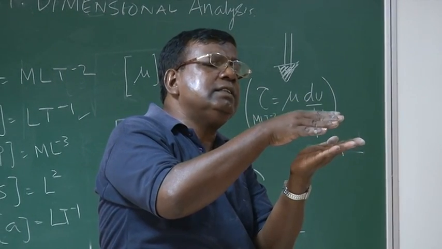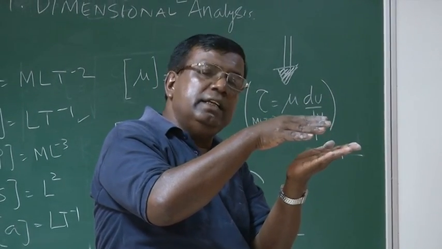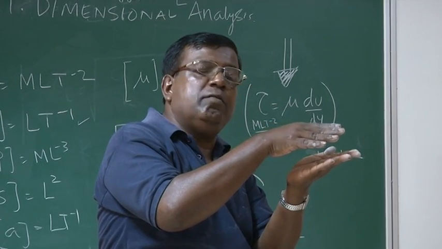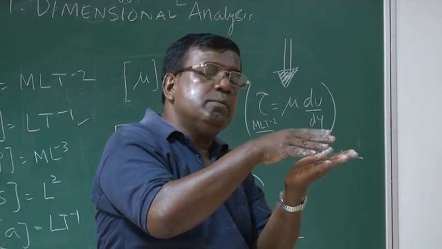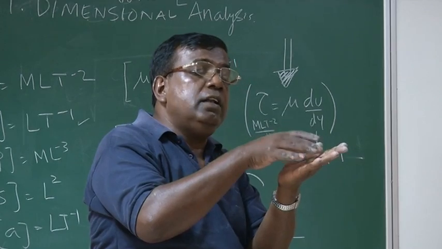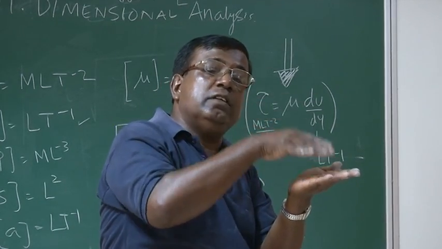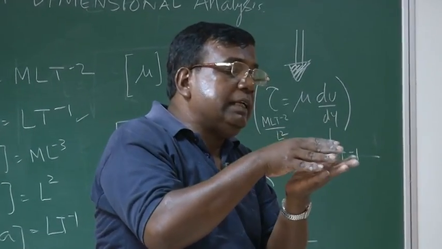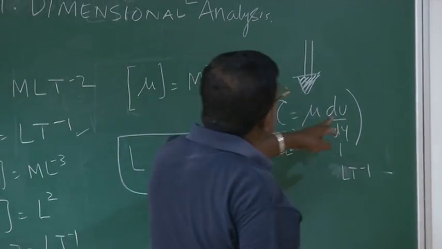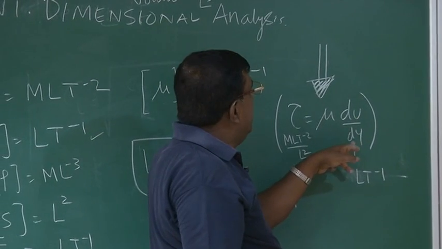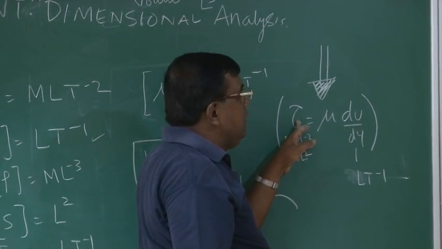So at a certain distance, the fluid will again regain almost 90 to 95% of its velocity. So there is a differential in velocity as I go perpendicular to the surface, and that gradient is du by dy. Okay, and this is shear stress.